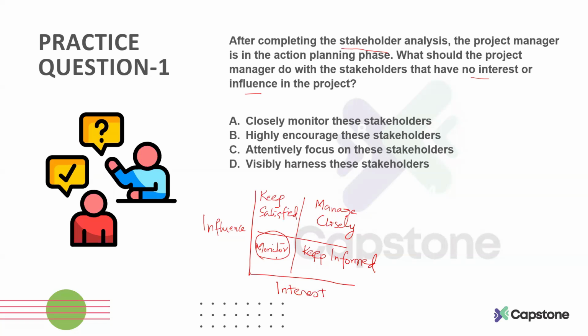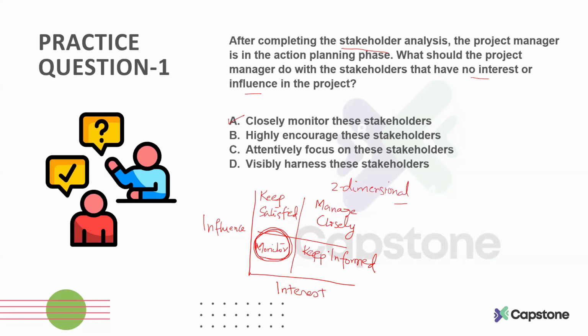So in this scenario, we are talking about these stakeholders. So yes, A is the right answer for this particular question. This is basically what we have drawn here: a two-dimensional stakeholder analysis grid.